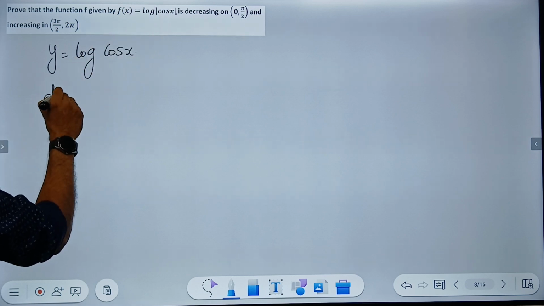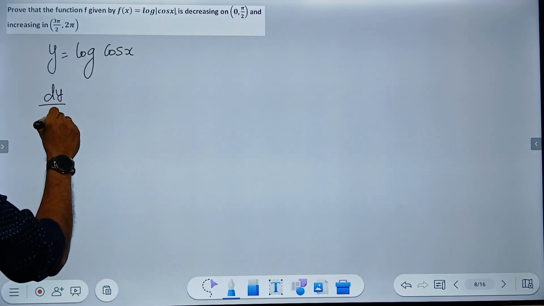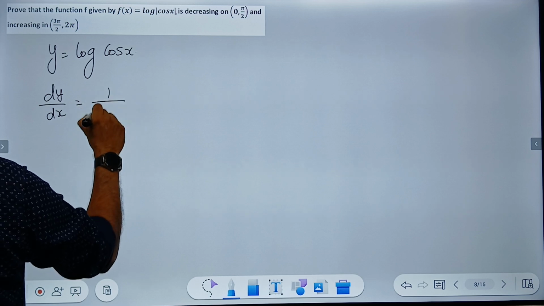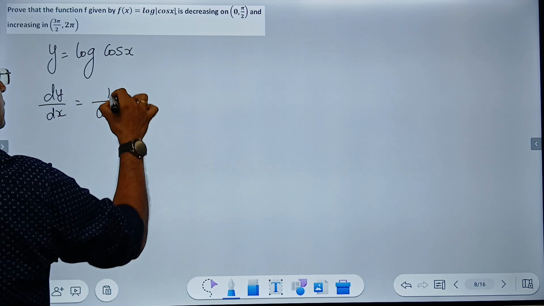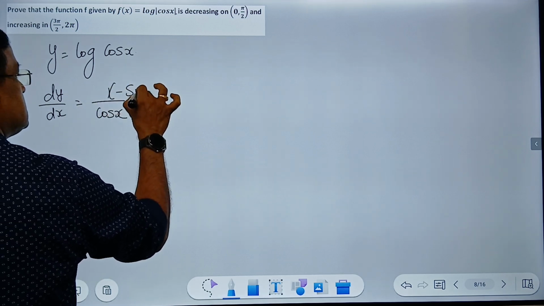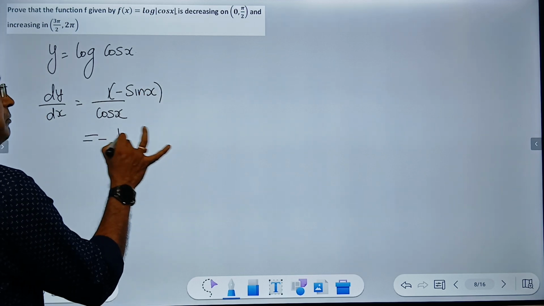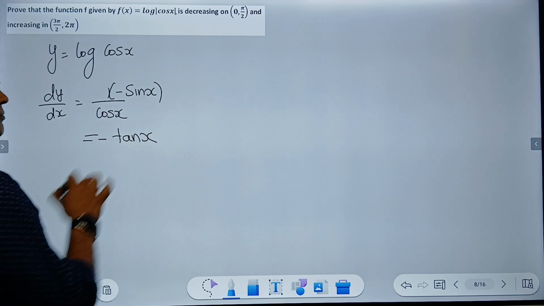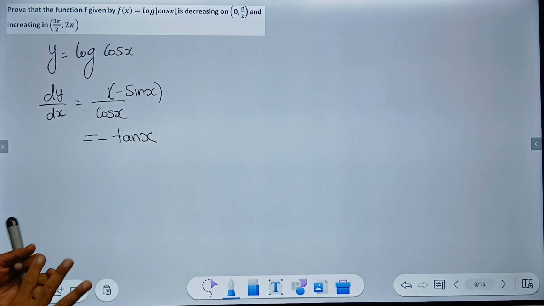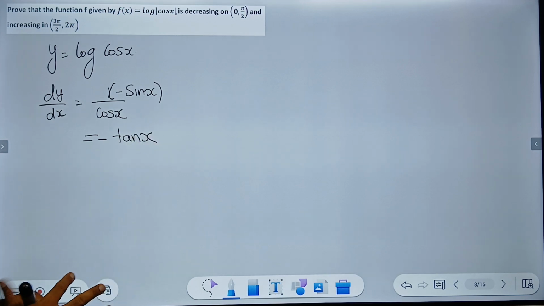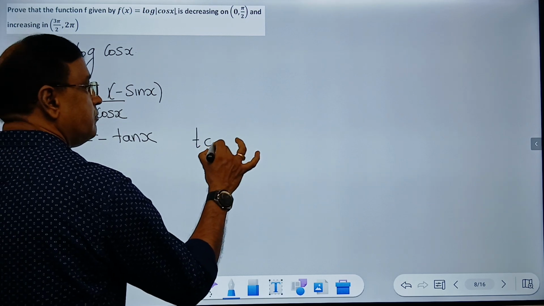So what is dy by dx? Dy by dx is 1 by cos x, and differentiation of cos x is minus sin x. Now what is this? This is nothing but minus tan x. Now clearly in the first quadrant, tan x is positive.